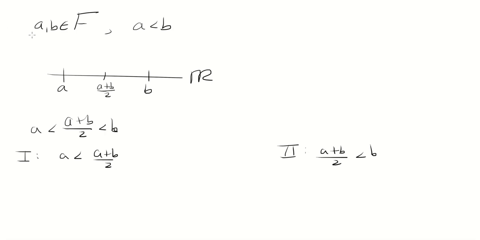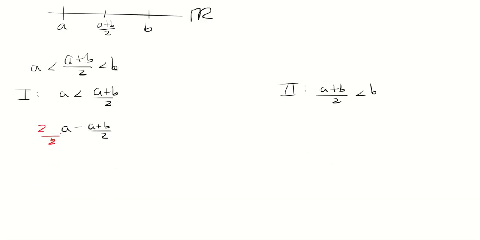Okay, so first, let's subtract (A plus B) over 2 from both sides. Let's consider this. What is true about this? Well, I can multiply top and bottom by 2, and then I can subtract this and get (A minus B) over 2.